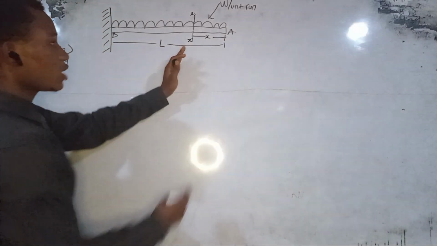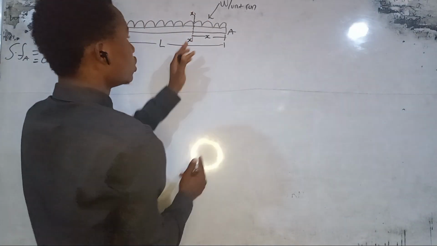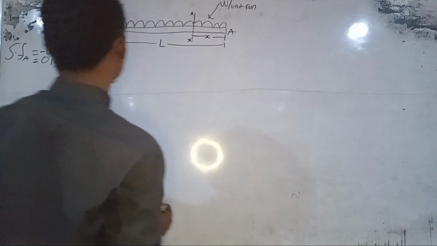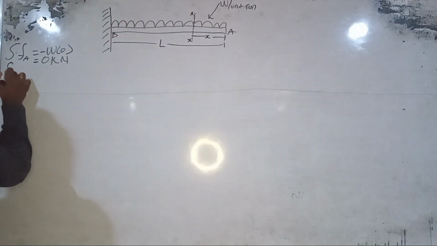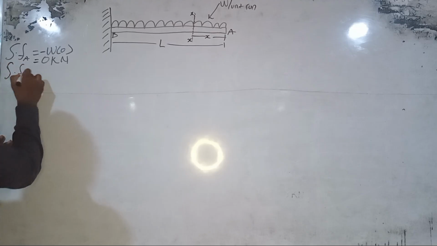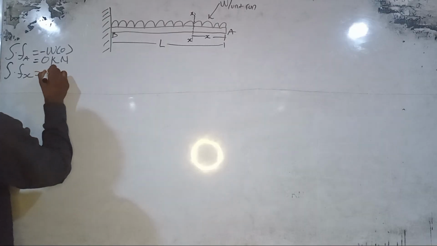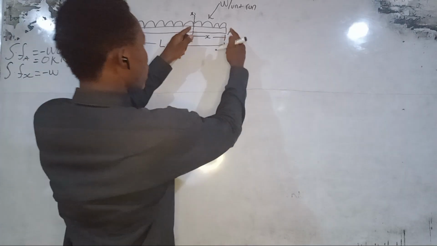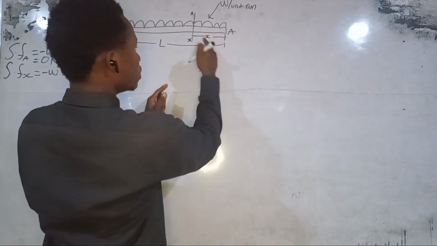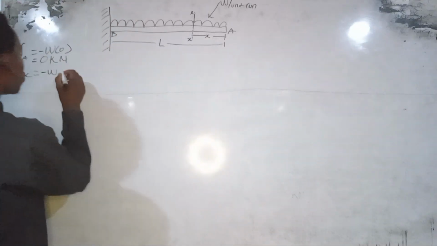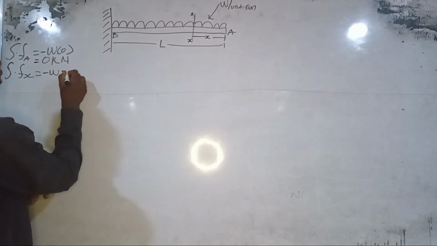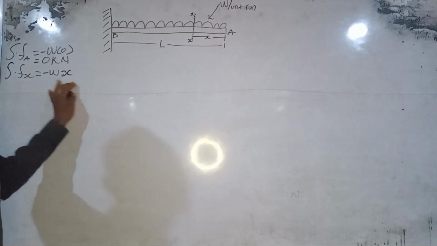But if we are asked to find the shearing force at the section X here, the shearing force at X equals the load, which is minus W, times the distance from A. The distance from here to here is given by X. So we have minus W times X, and that is the shearing force.